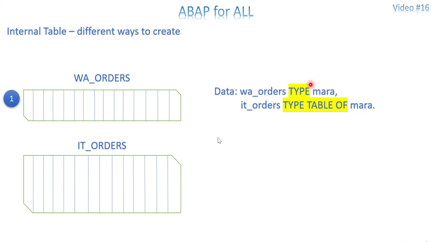The same way, it may be a custom table or a custom structure or a standard structure, whatever it is. Whatever is mentioned here, it creates the work area based on that particular structure or transparent table. And this is the body, TYPE TABLE OF MARA. So it creates a work area and body with all the fields of MARA. Almost 300 plus fields are available.